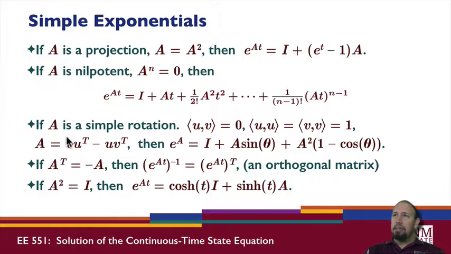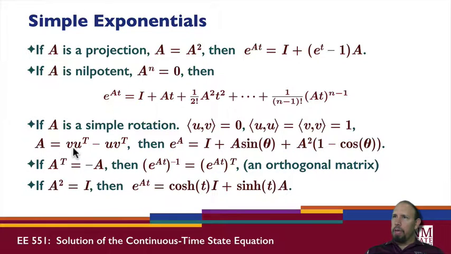Next, if A is a simple rotation matrix. How do we define a rotation matrix? Well, here's one way. If you have two vectors whose inner product is 0, that is, they're orthogonal to one another, and the inner products of these vectors with themselves is 1, that is, they're normalized and orthogonal to each other.